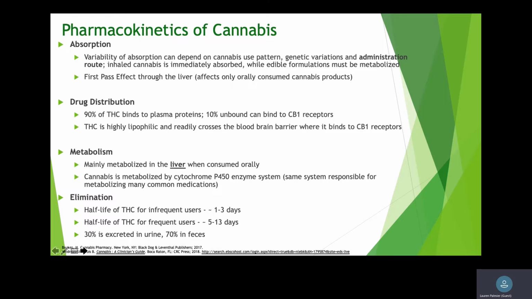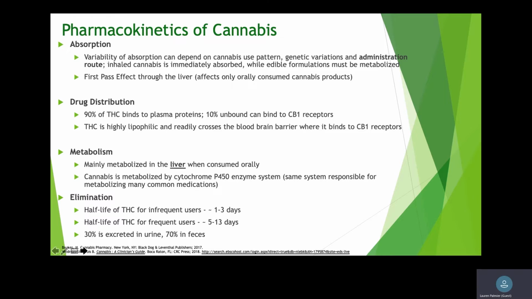Metabolism of cannabis is important when speaking about the oral route. When cannabis is ingested orally or eaten as an edible, it enters the GI tract and is metabolized by the liver, just like many medications. We'll talk more about drug interactions later, but it's important to remember that orally consumed cannabis is metabolized by the cytochrome P450 system.